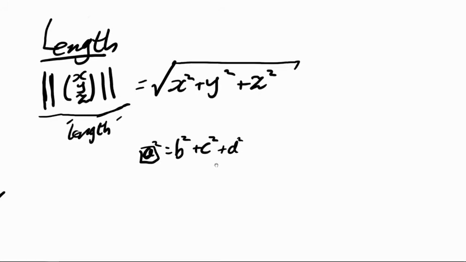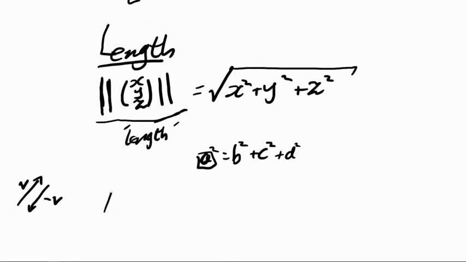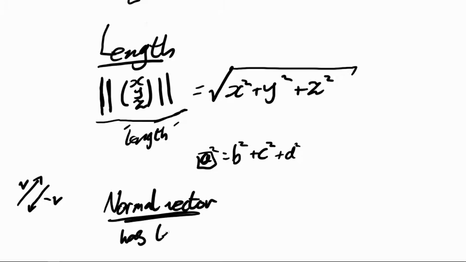And so with length, we can find normal vectors. So a normal vector always has length 1. Its direction can be anything we like, but it has to have length 1. And we usually use normal vectors when we don't really care about the length, when all we're interested in is the direction.